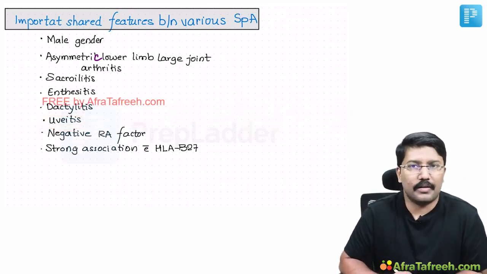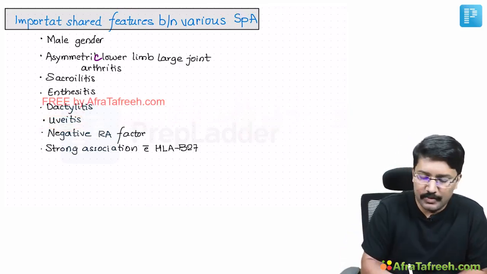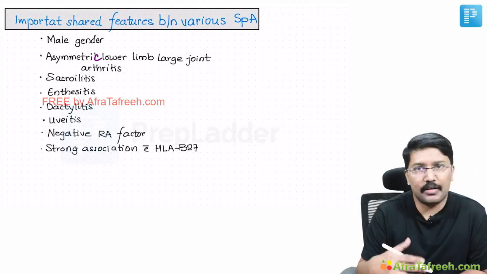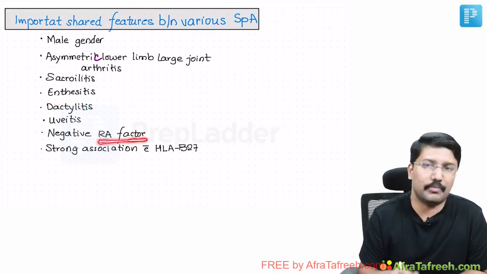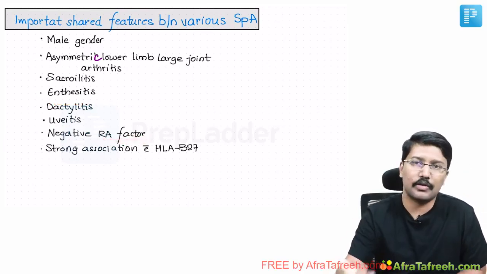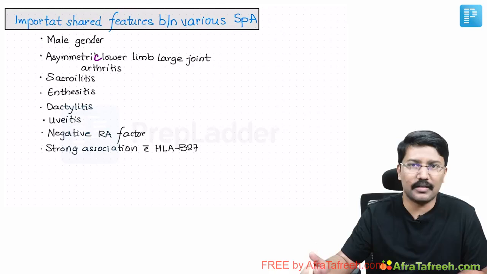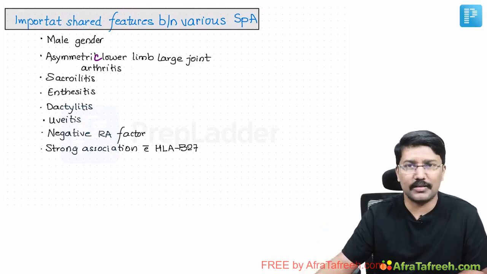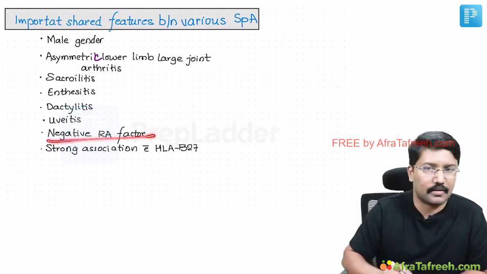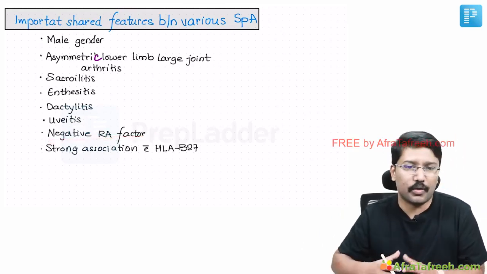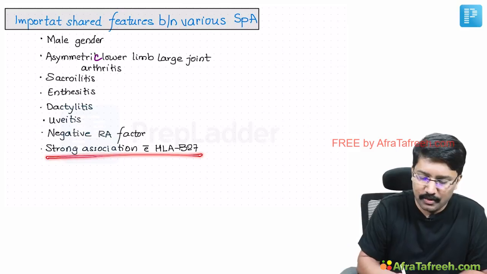Then one more feature you must know: in the past we used to call the disease seronegative spondyloarthritis because RA factor used to be negative in them, right? So negativity of RA factor is also a shared manifestation. Psoriatic arthritis, reactive arthritis, ankylosing spondylosis, all of them have negative RA factor. And last but the most important is that there is a strong HLA association.